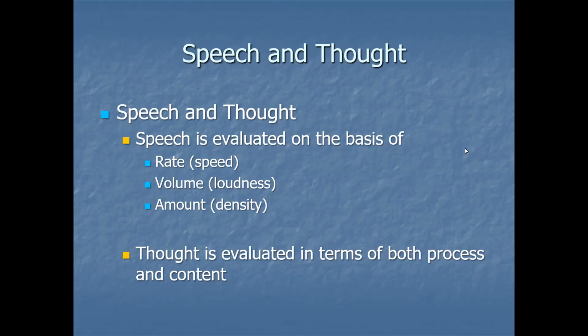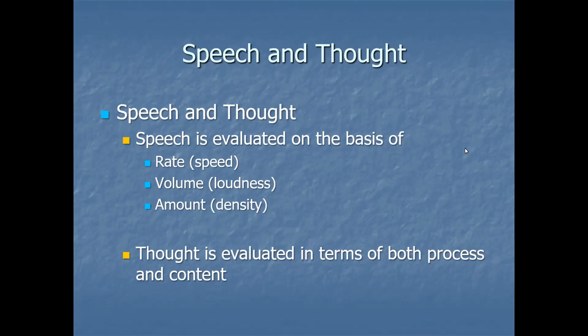Is it monotone and slurred, or are they clearly talking and speaking? We're looking at the volume. How loud or soft are they, or are they mute, not talking at all? Finally, we're looking at the amount or the density, including the content. Is it fluent? Is it not? We want to look at those things to see what is actually happening.